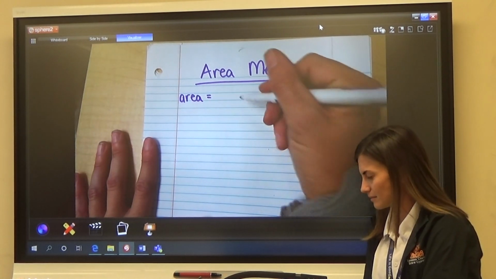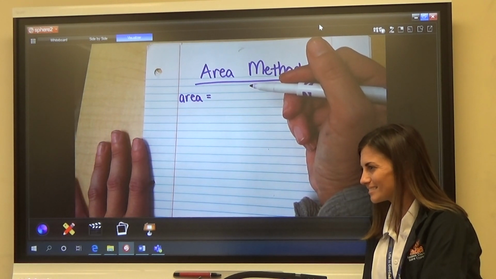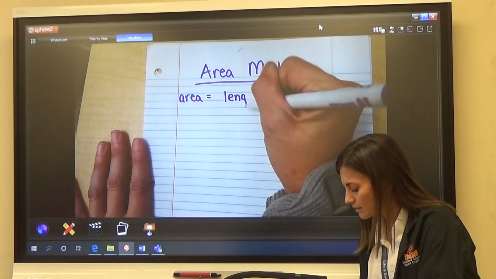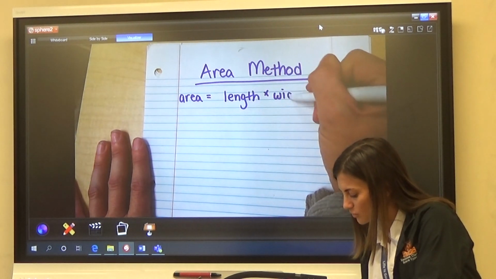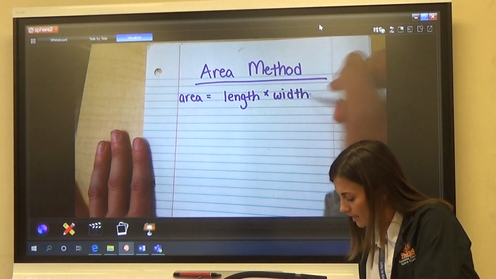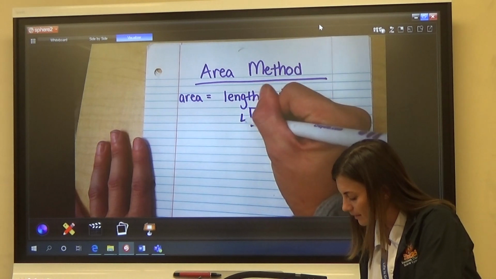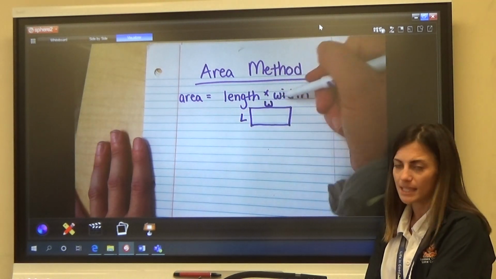You multiply the length and width. So we do length times width. And that's important to remember because that kind of gives us a hint about what we're going to be doing here. All right, so that's going to be length times width, or width times length.